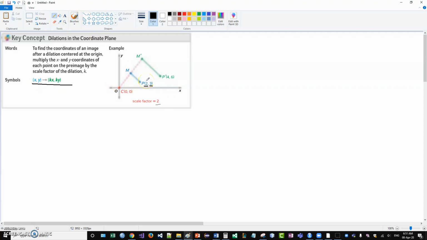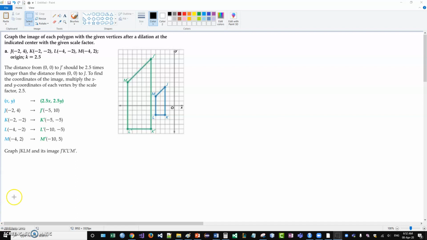X is 2, multiply 2 by 2, you get 4. Y is 3, multiply that by 2, you get 6. So multiply by 2, multiply by 2. And that's how you get the coordinates of the points of the dilated image.